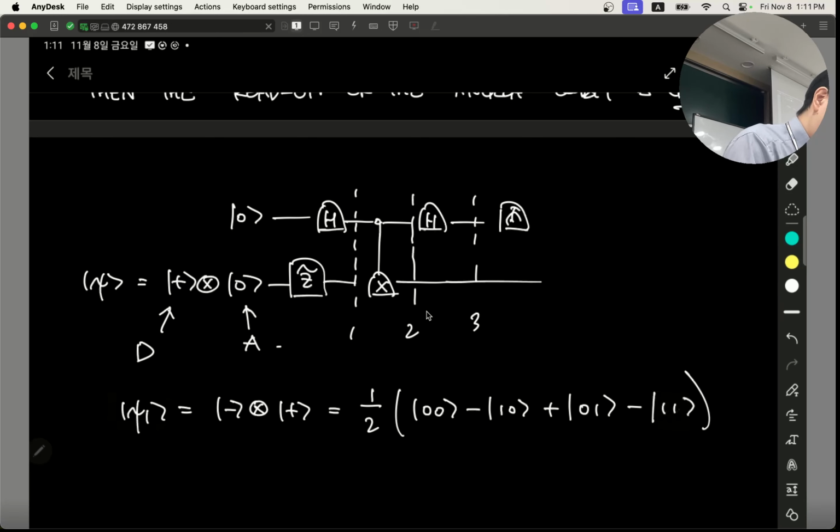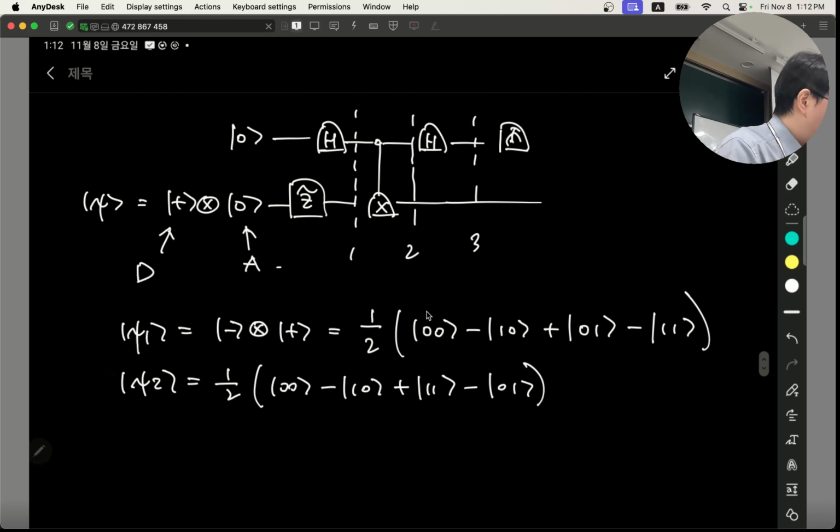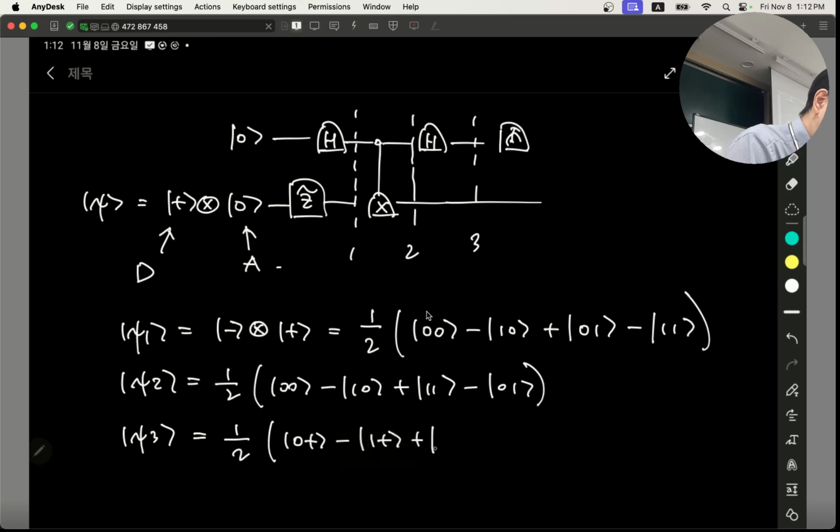So after I apply the CNOT gate, I look at the ancilla qubit and apply the X gate. So 00 and 10, plus 11, minus 01. Right? And then we apply the Hadamard again. So psi 3 is 1 over 2 times (0 plus, 1 plus, 1 minus, 0 minus).